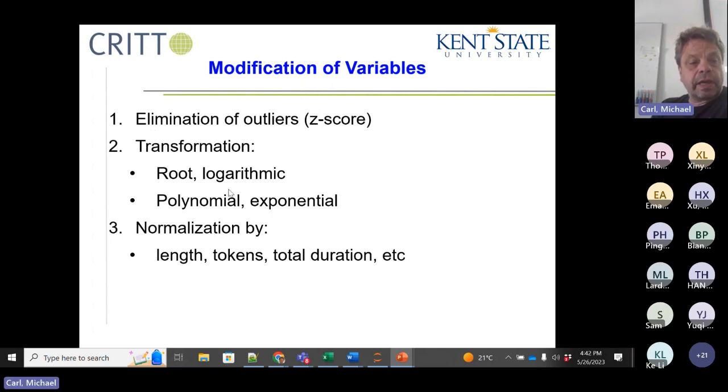Okay, then we can also transform the data in different ways. So one can do a root, a square root, for instance, or one can have a logarithmic or exponential distortion of the data. And then normalization. So, for instance, that's also what I showed before yesterday.